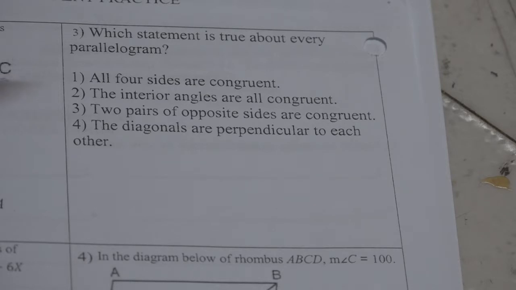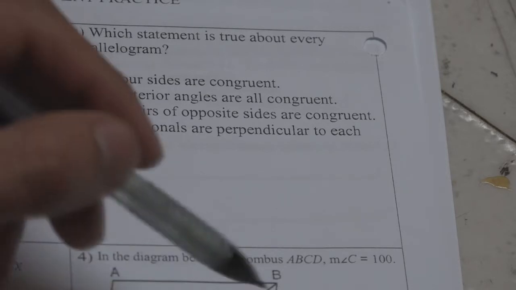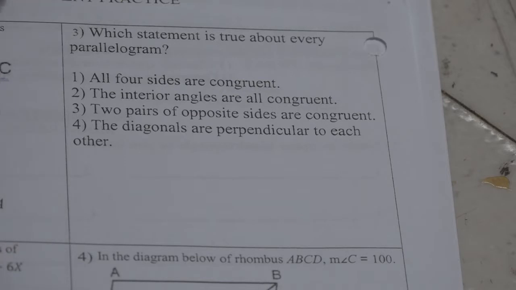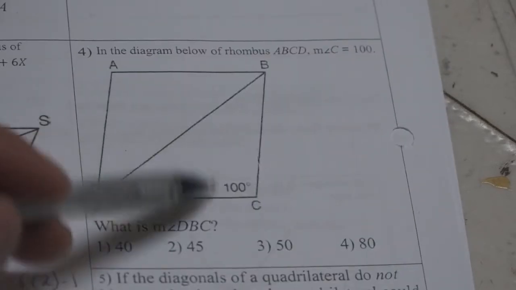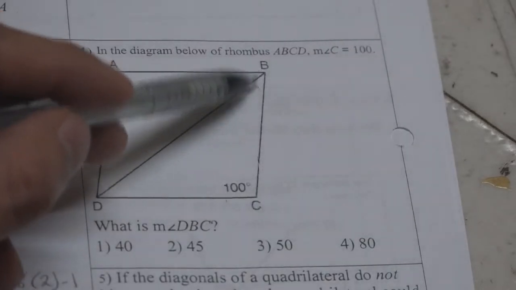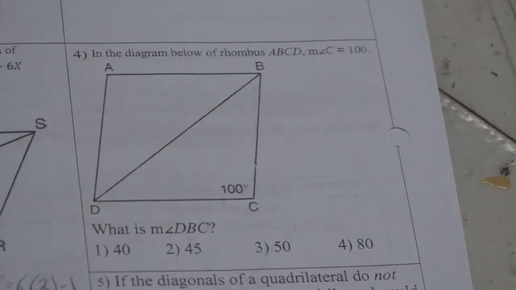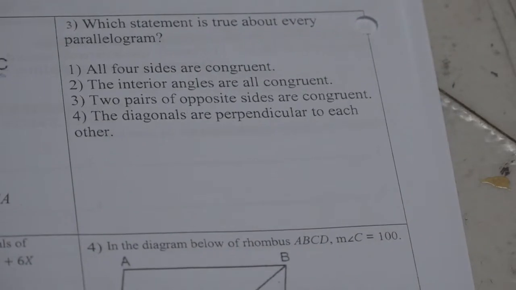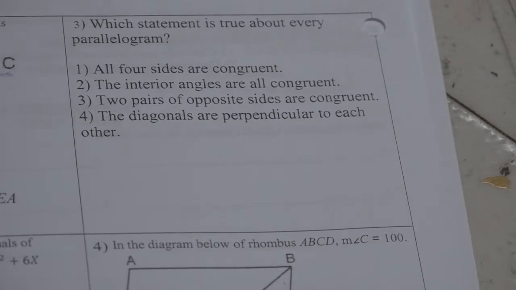No, that's only on the square and the rectangle, I think, because they're all 90 degrees. But this is a parallelogram right here, and I don't think this is 90 either. So no, they're not congruent. Number 3. 2 pairs of opposite sides are congruent. Bingo!